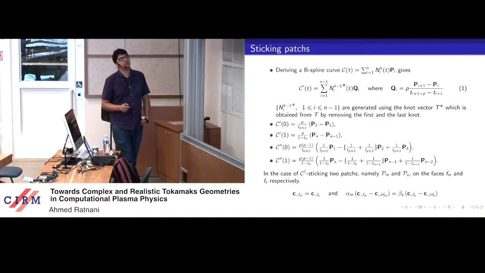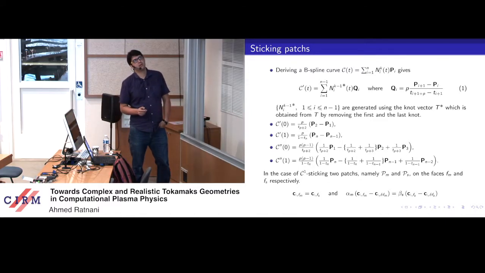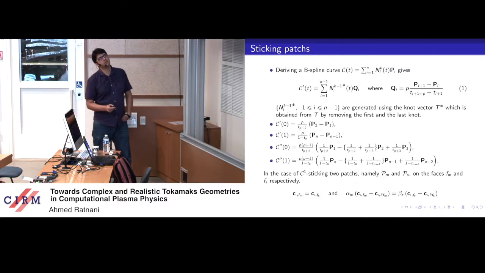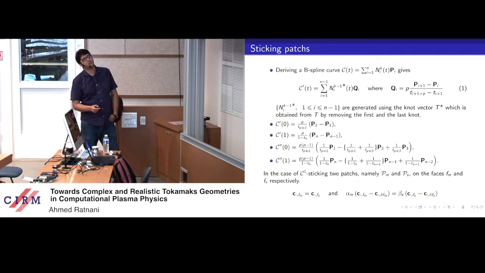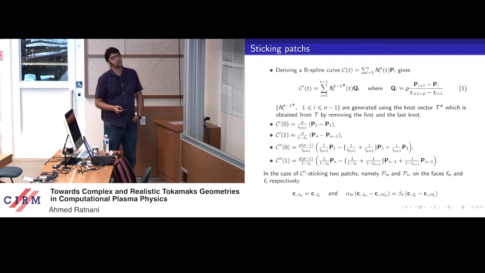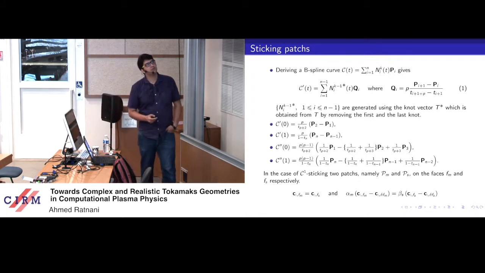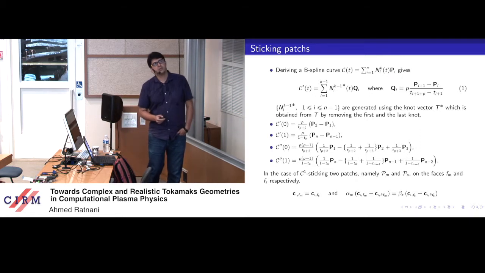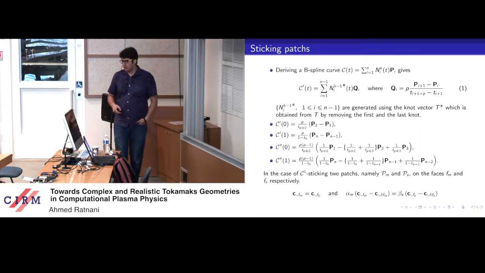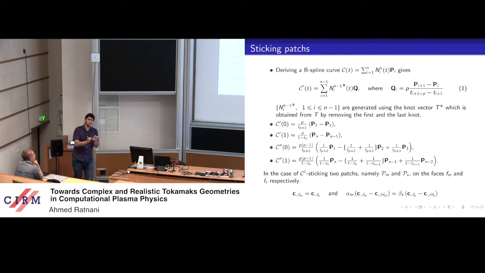So the tangent of the curve is supported by the line P1, P2, and at the other extremity, it's supported by the line Pn minus 1, Pn. You have also the same results for the second derivative using the control points. And so, as you can see, we can stick together B-spline curves, and for example, ensure C1 condition or C2 condition, and this leads just to some linear constraints like this.